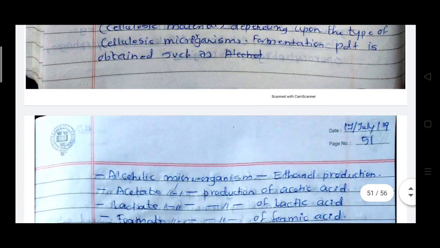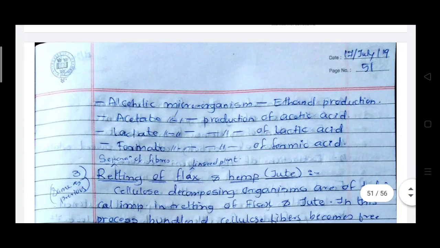If we use an alcoholic microorganism, then ethanol production takes place. If we use an acetate microorganism, the production of acetic acid will be obtained. In presence of a lactate microorganism, lactic acid is formed. In presence of a formate microorganism, formic acid is formed.